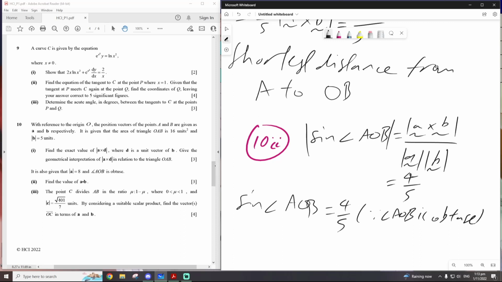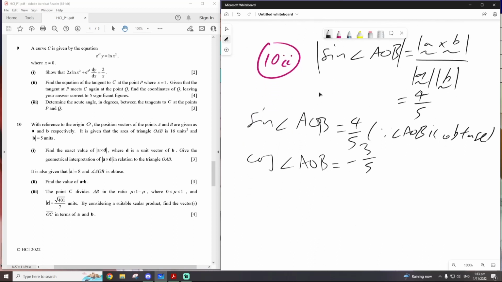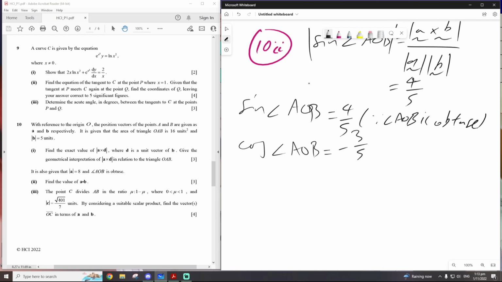And what is the value of cosine angle AOB? Well, it will be negative, right? So use Pythagoras or whatever, it will be negative 3 over 5. And then you can use that to find A dot B. A dot B is mod A times mod B times cosine angle AOB, which is negative 24. Okay.